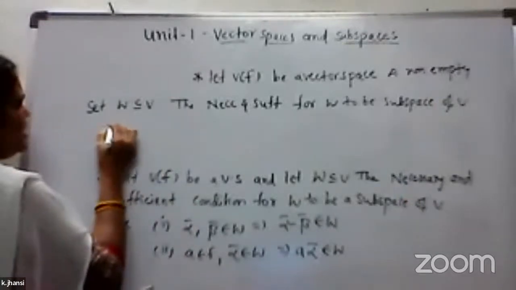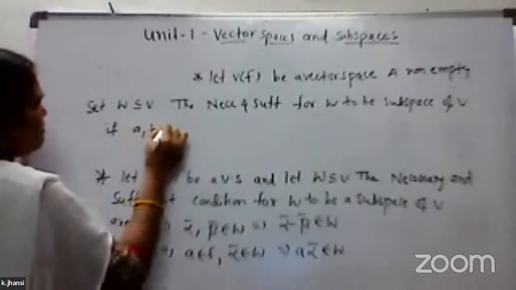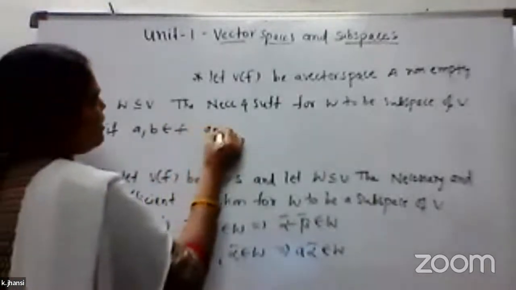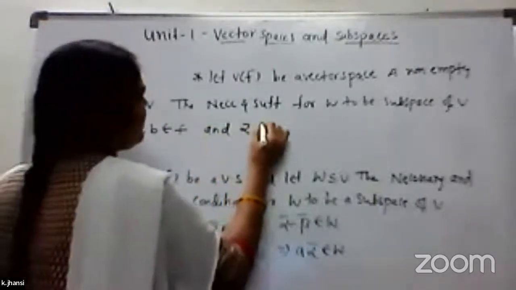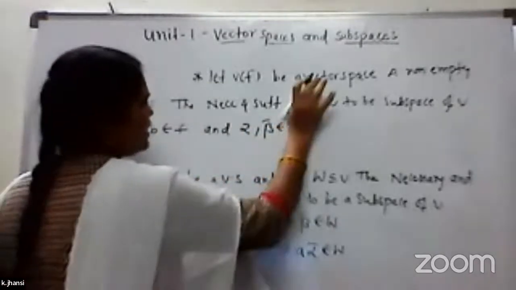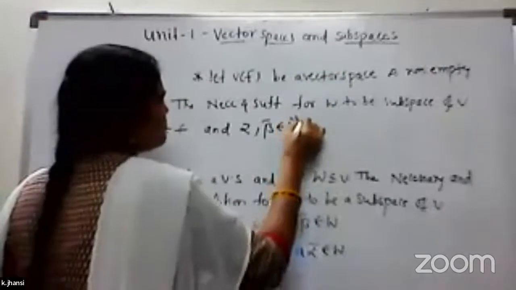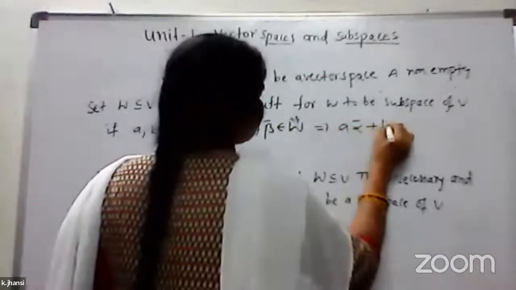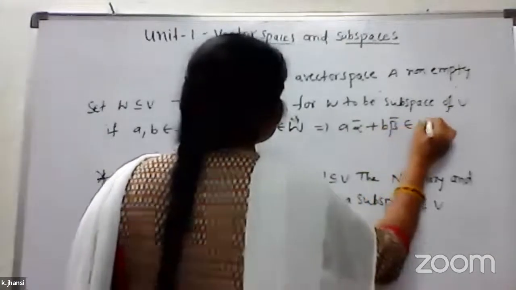So if a comma b belongs to F and alpha bar comma beta bar belongs to V. Okay, W, we are taking the subset, no? So this implies a alpha bar plus b beta bar should belong to W.